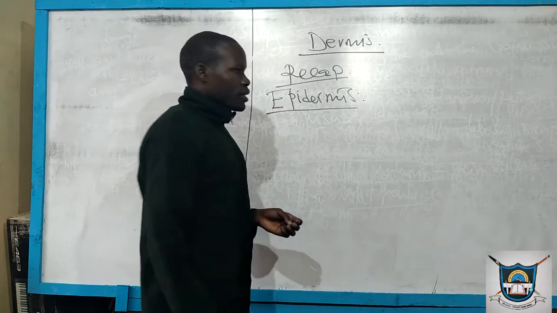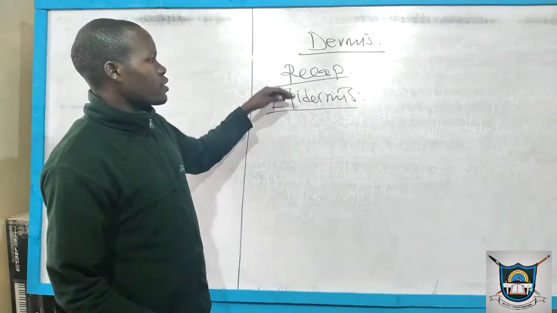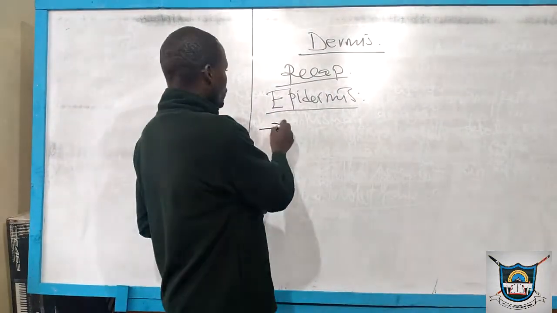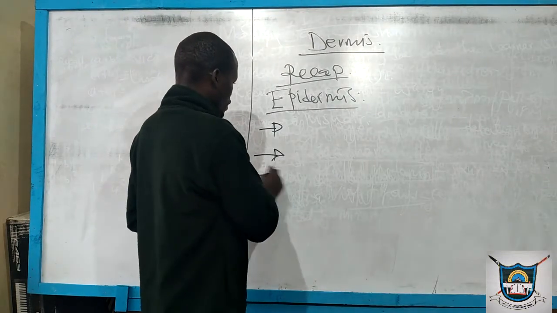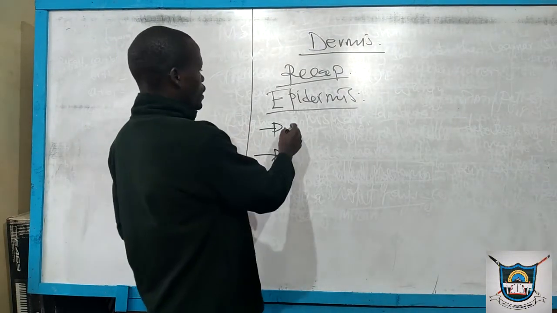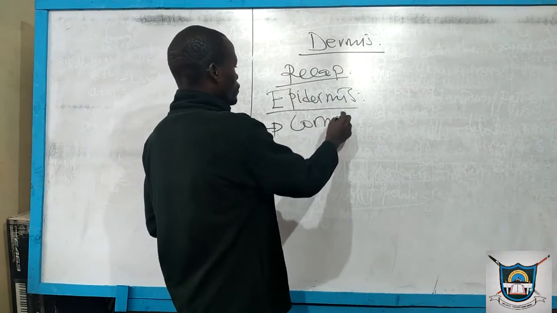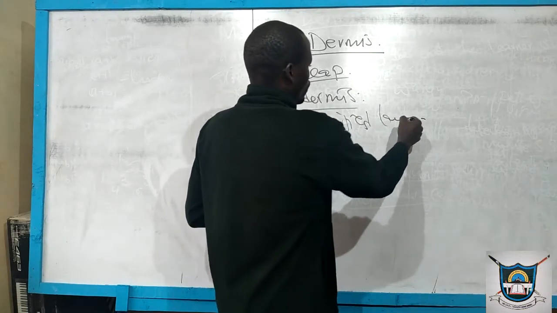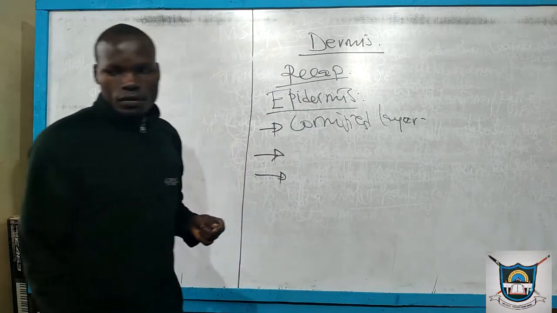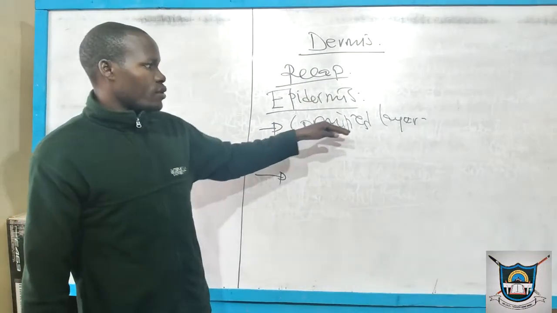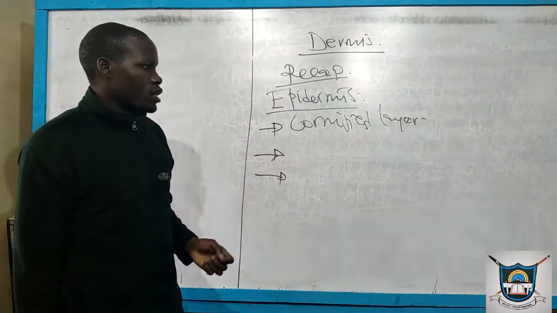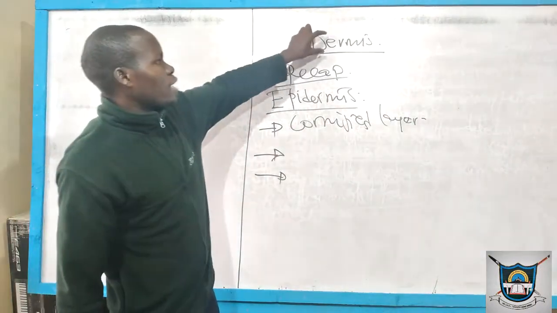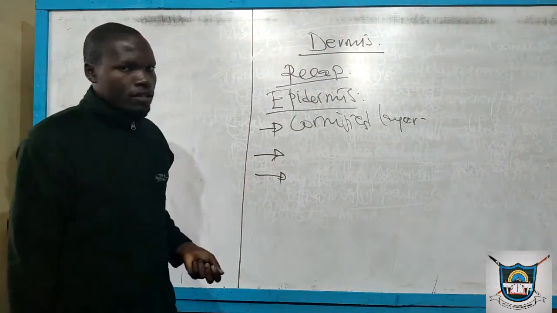We said that the epidermis is the outer part of the skin and it has three parts. The first part is the cornified layer, which we said has all the dead cells, and this is the layer which offers the marked protection of the skin, the other part of the skin, for instance the dermis, and also the other inner parts of the body.